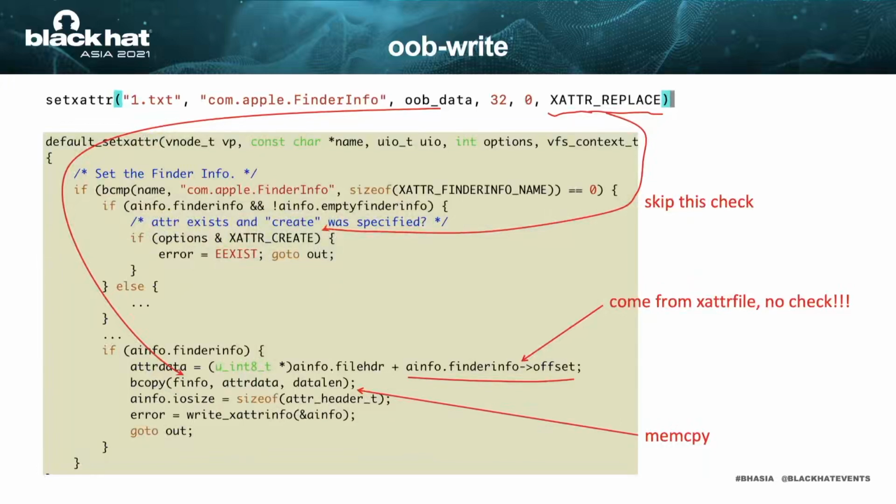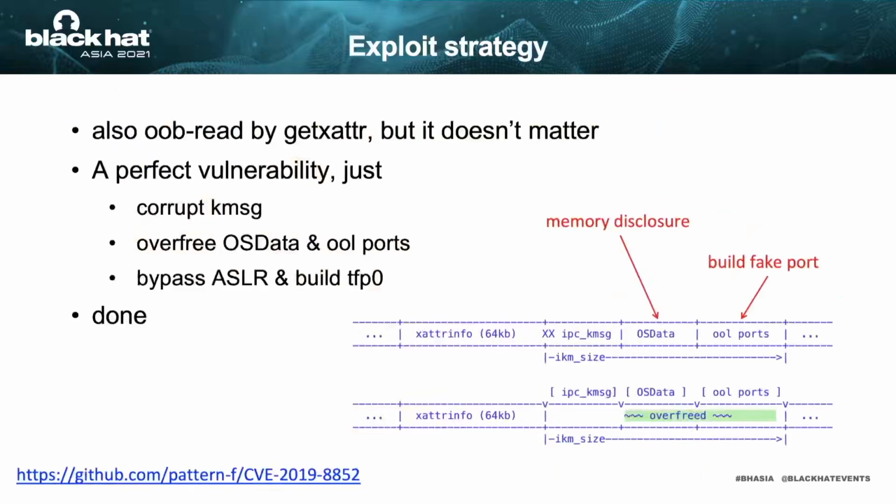When this value is greater than 64 KB, an out of bounds occurs, and we can control all the OOB bytes written to the kernel. In fact, if you read this attribute by the getxattr syscall, you can get an out of bounds read, but it doesn't matter. The OOB write is enough for the exploitation.